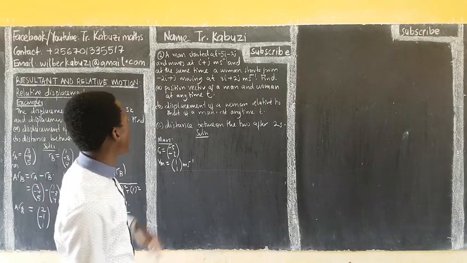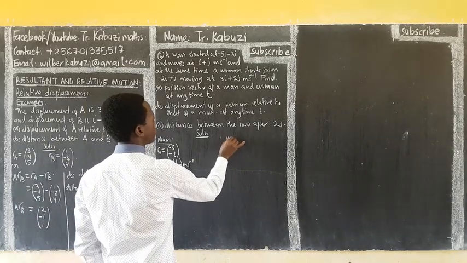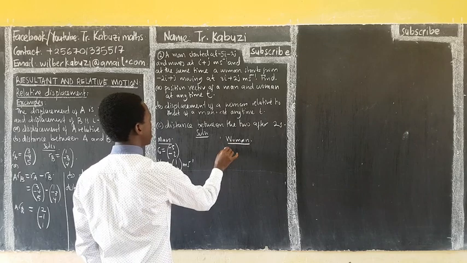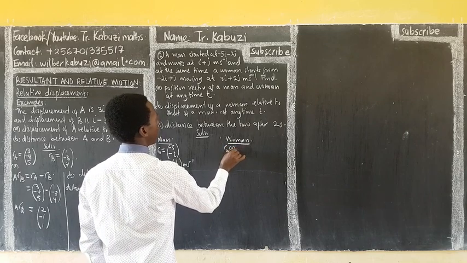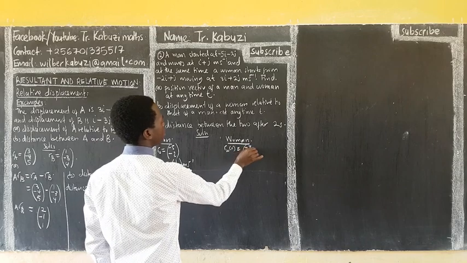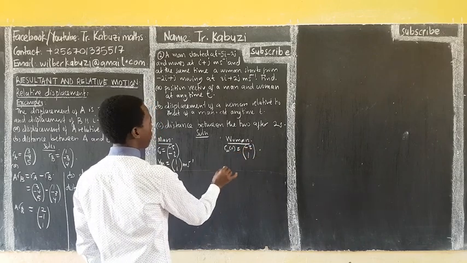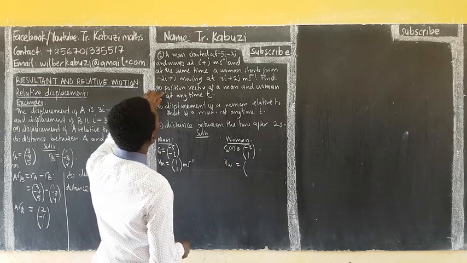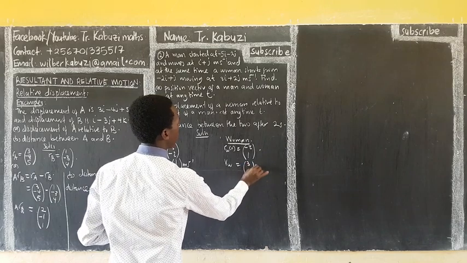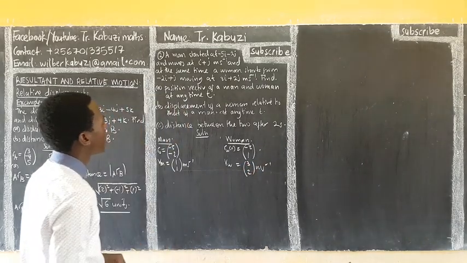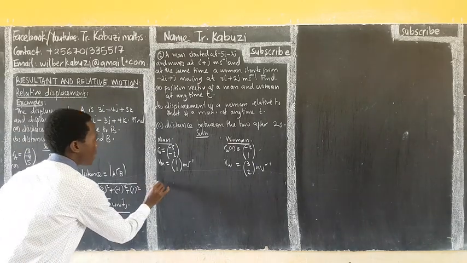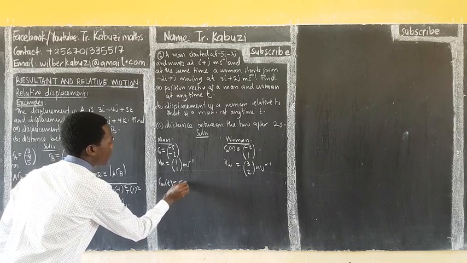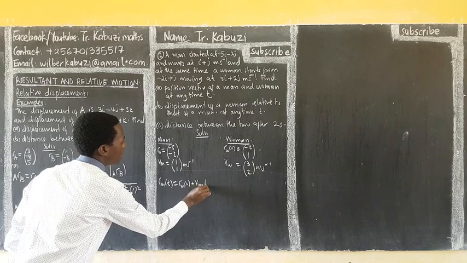Okay. And the woman, we come to the woman. The woman starts from, so R W naught of the woman where she is starting from is -2, 1. Then the velocity of the woman is going to be 3, 2 meters per second. Find their displacement at any time. For the man, the displacement at any time is going to be his position vector, plus velocity of the man times t.